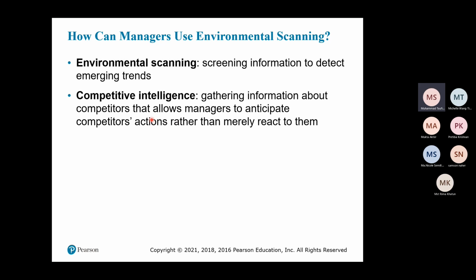But you can try to gather the data using a global news feed so that you can at least get some idea what they are doing. So it has become more challenging nowadays to do environmental scanning and competitive intelligence, but you should try to do it because this is one of the techniques you can use to deal with your environment.